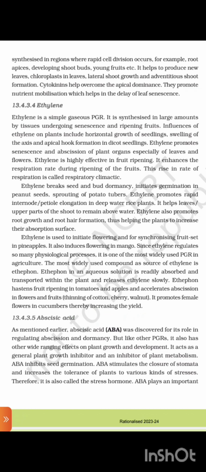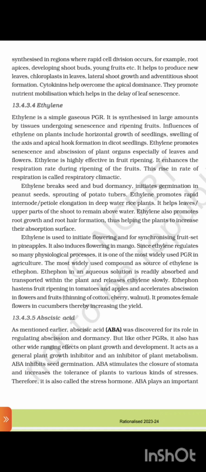13.4.3.5 Abscisic acid. As mentioned earlier, abscisic acid, ABA, was discovered for its role in regulating abscission and dormancy, but like other PGR, it also has other wide-ranging effects on plant growth and development. It acts as a general plant growth inhibitor and an inhibitor of plant metabolism. ABA inhibits seed germination.